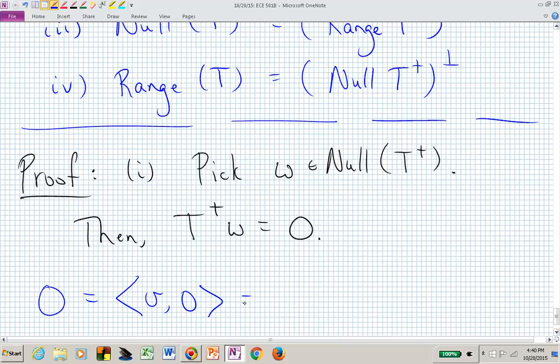But we just said that the 0 vector can be found by operating on W with T dagger. So this now says that if we had V and we take the inner product of that with T dagger W, that's going to give us the scalar 0, for all V in the vector space V.